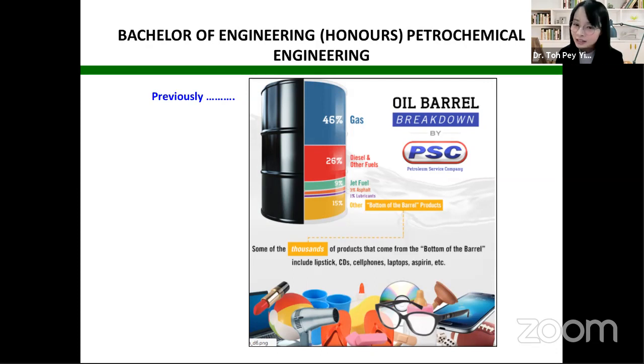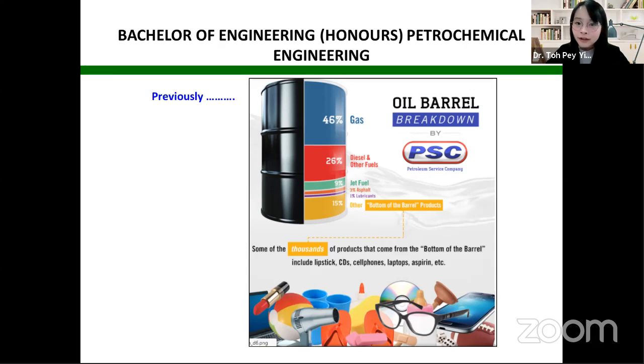It is not just the field, it also includes the petrochemical products and the manufacturing industry. Most of the petroleum is converted to fuel, and only about 20% is converted into petrochemical to produce all the petrochemical products.